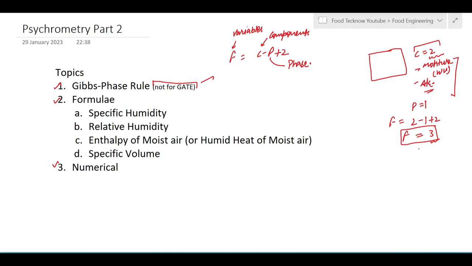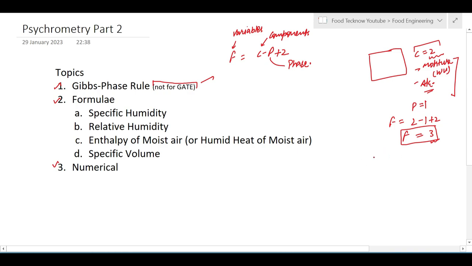Okay, when we solve the psychometry numericals, we need 3 parameters to solve the numerical. But all the psychometry problems happen at the atmospheric pressure.